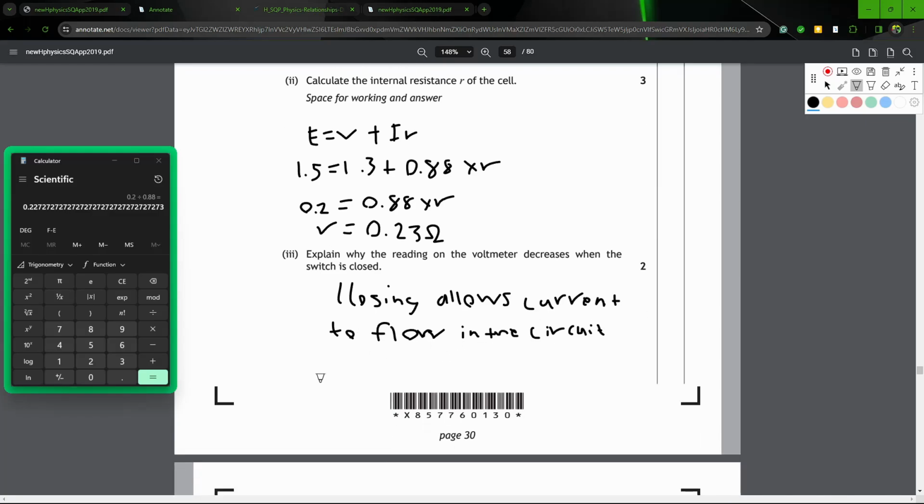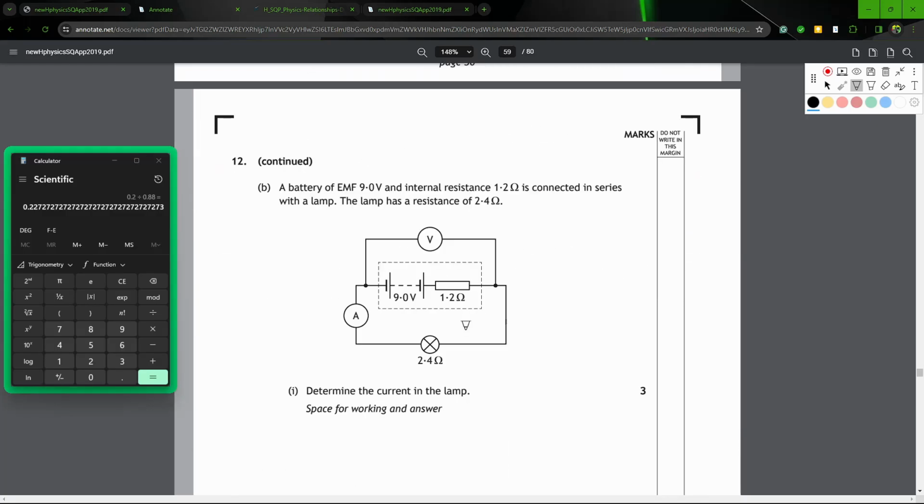So that means that voltage is lost across the internal resistance. Because resistance doesn't do anything unless there's current going through a circuit that it can resist. Otherwise, it just sits there doing nothing.